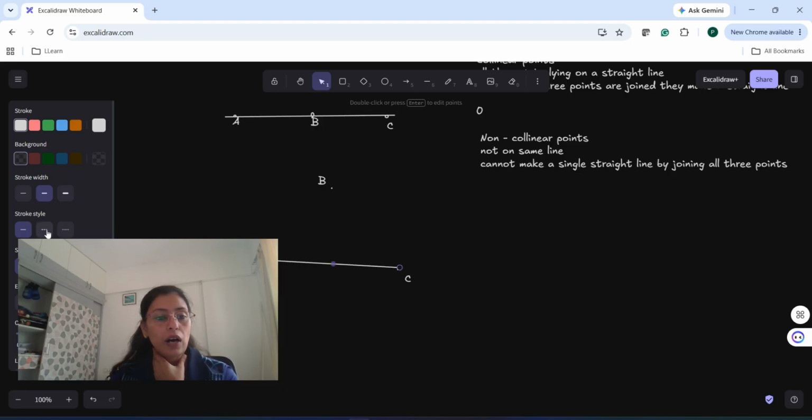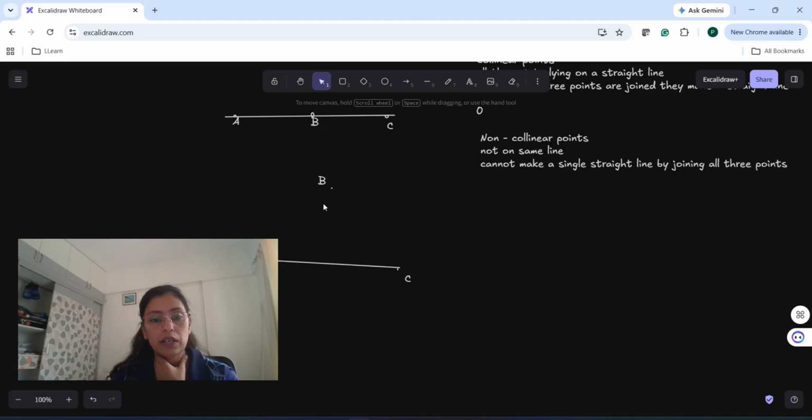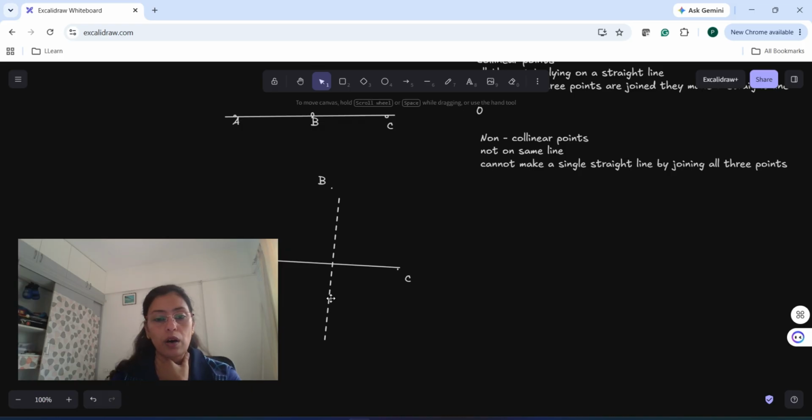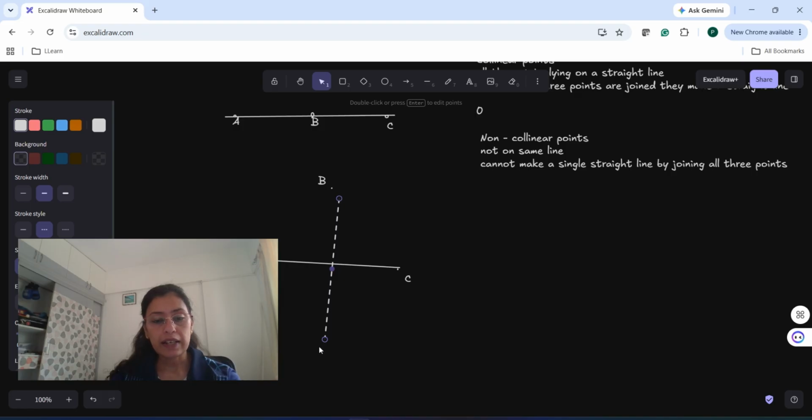Now I'll make a perpendicular bisector of this AC. As per what I told you, any point on this line will be equidistant from A and from C.